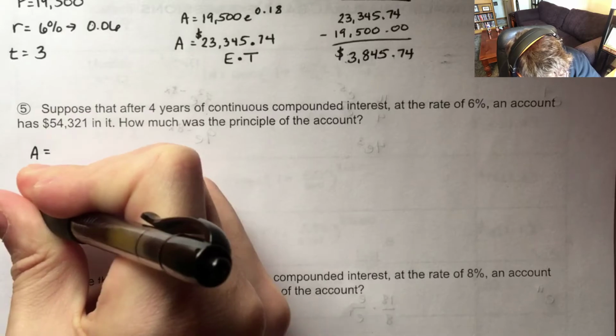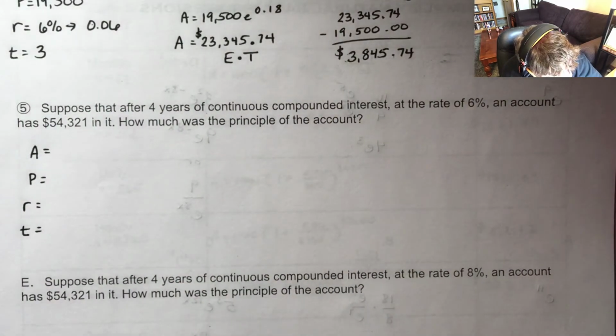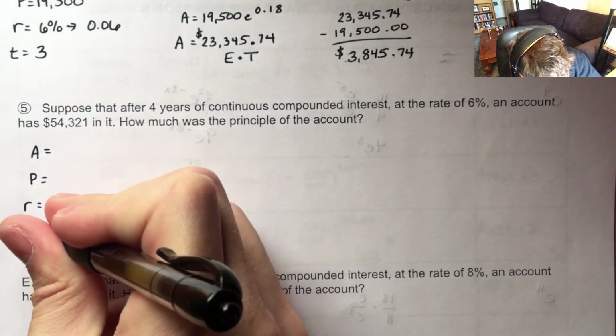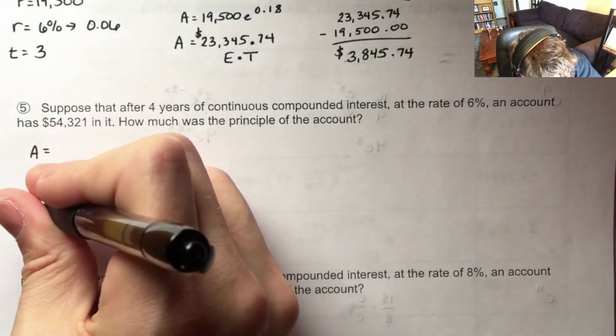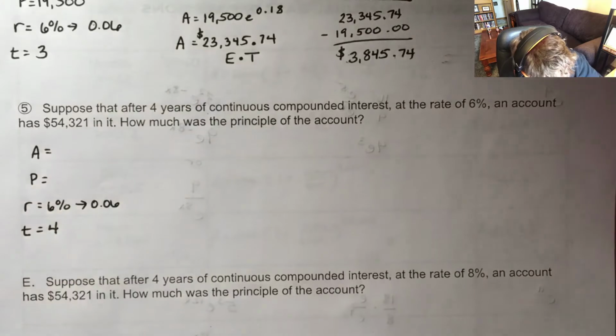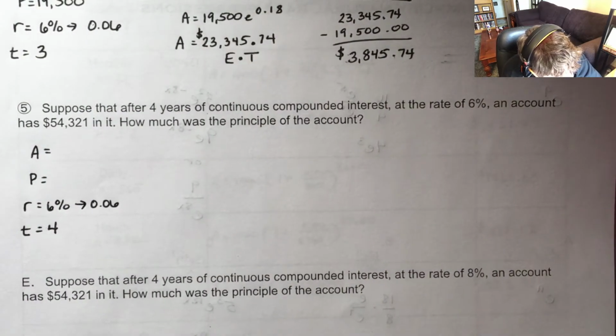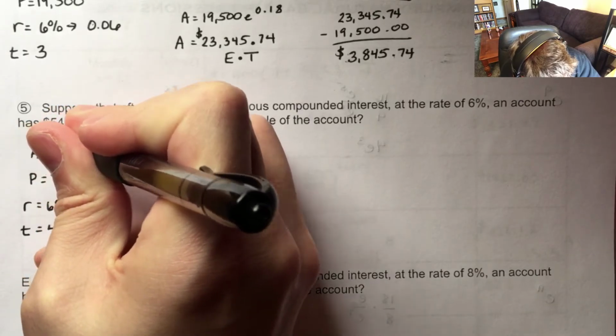Let's find the different key pieces. We know it's 4 years of compounded interest at a rate of 6%. We don't know what the principal is, but we do know the account has $54,321.